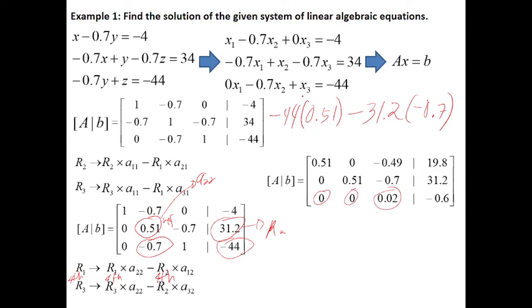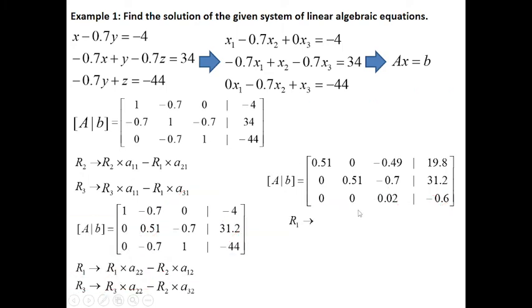So, gamitin yung calculator ko. Negative 44 times 0.51 minus 31.2 times negative 0.7. Nakuha ko negative 0.6. So, tama, negative 0.6, which is the same as this. There. Kompleto na.